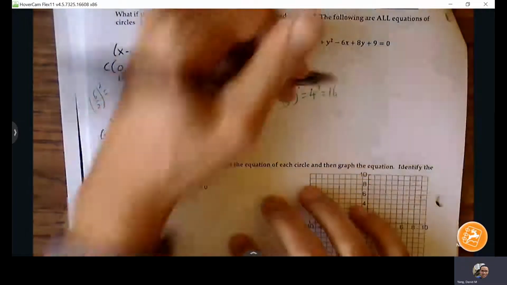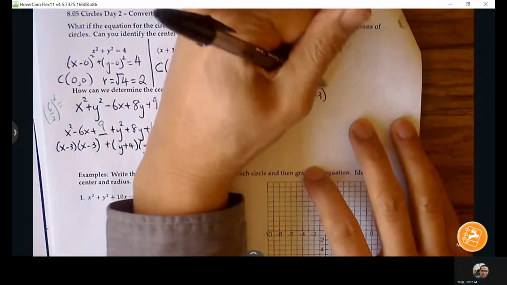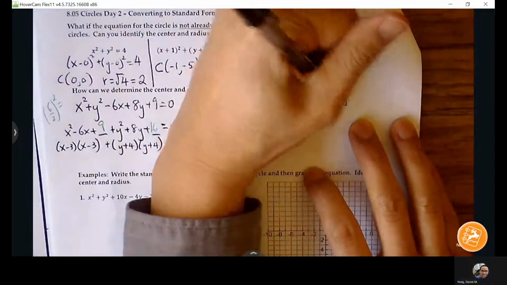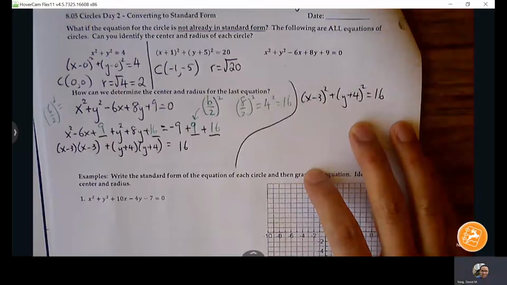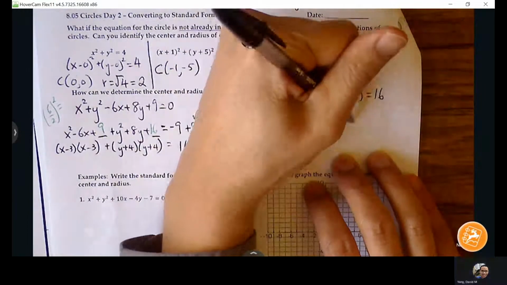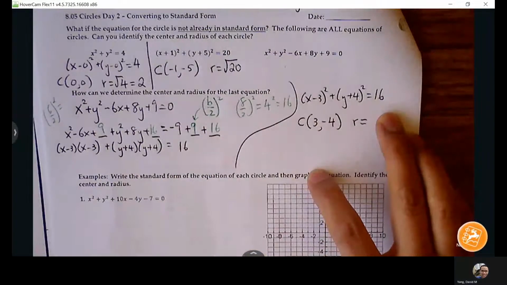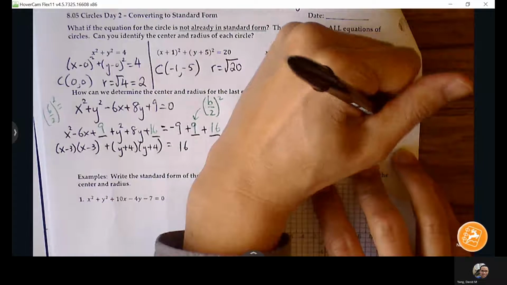Okay, so we're getting closer to our standard form. The center is (3, -4). And what's the radius? Yeah, the square root of 16, which is 4.